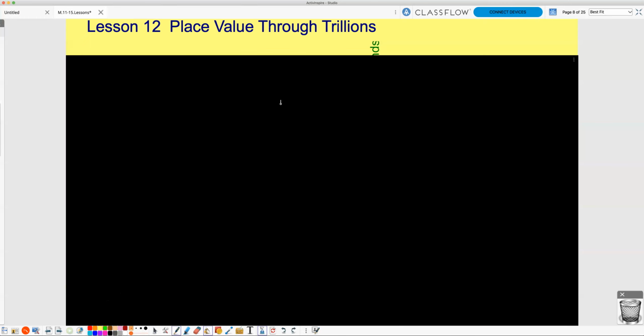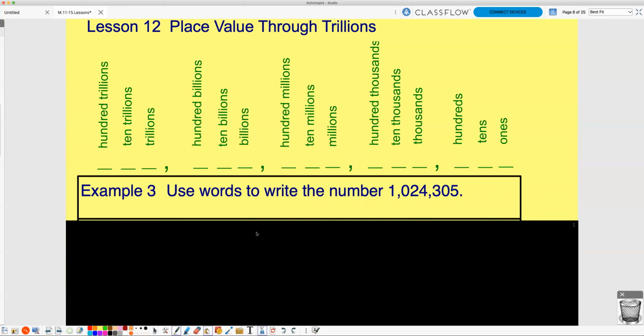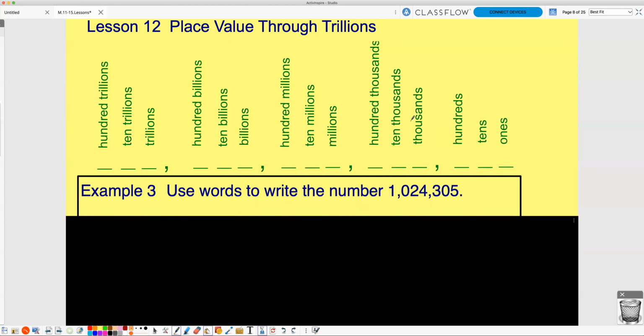All right, let's look at some more examples here. Use words to write this number. So if I was to break this down, I've got the 5, 0, 3, 4, 201. So first, to write this, I would start with 1 million.